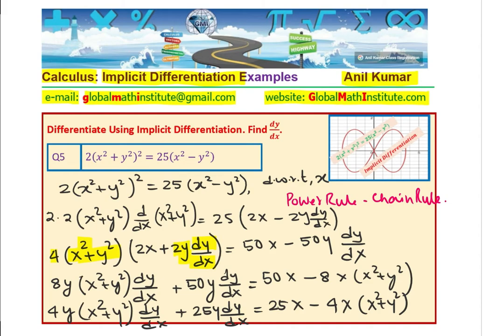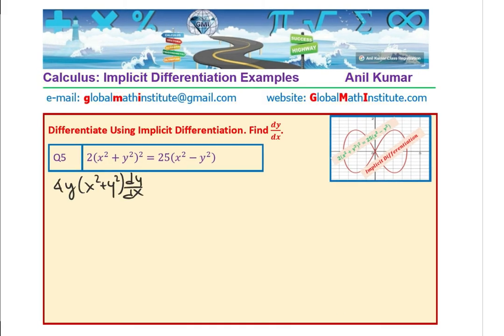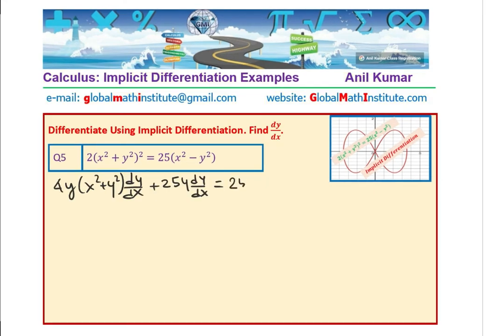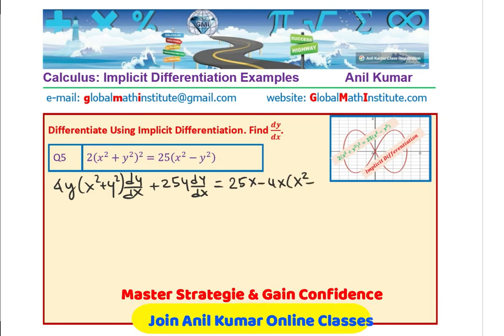Second term is plus 25y dy dx equals 25x minus 4x times x squared plus y squared. Correct? So we can take dy dx as common.